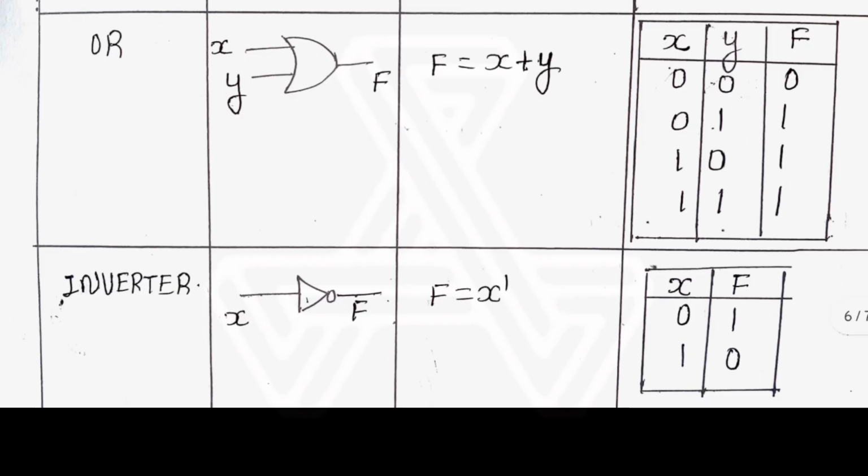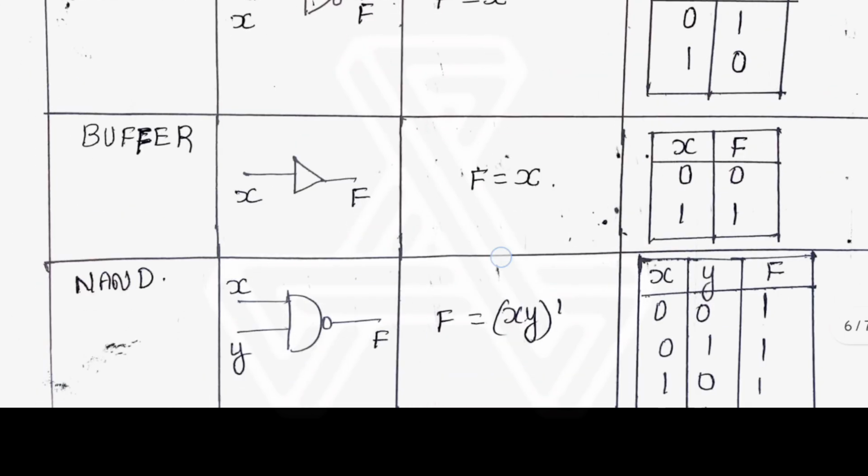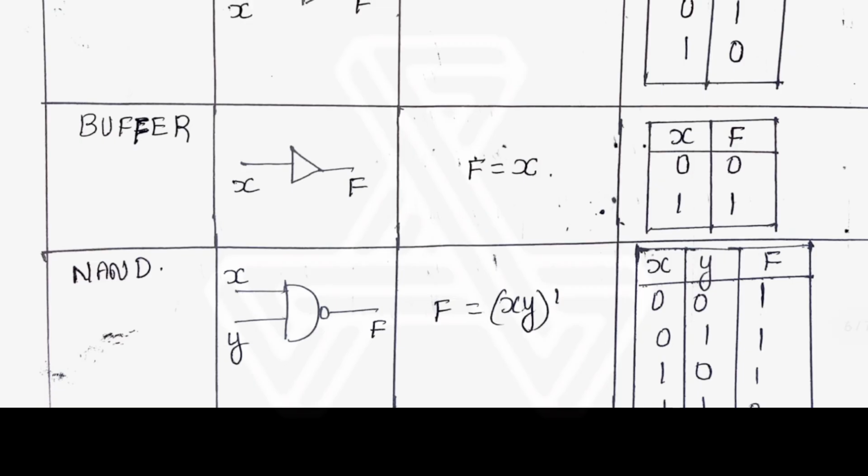OR operator, x plus y. 0 plus 0 is 0, 0 plus 1 is 1, 1 plus 0 is also 1, 1 plus 1 is also 1. Inverter operator, it is x dash. 0 becomes 1, 1 becomes 0. Buffer: 0 will be 0, 1 will be 1, x.